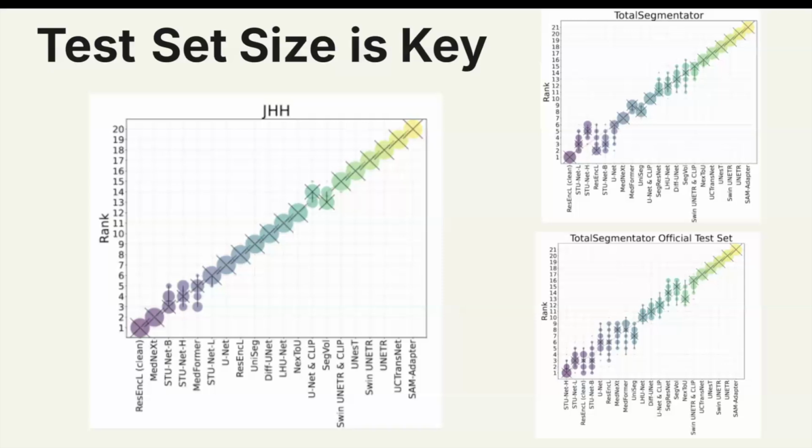And then you go to the TotalSegmentator official test set that here has about 50 samples, and you see much more changes in ranking when you get subsamples of it. So smaller test sets, less trustable rankings for the models. And here we even consider that this TotalSegmentator test set would be considered pretty large with 400 samples. Still, we get a big advantage by using 5,000.